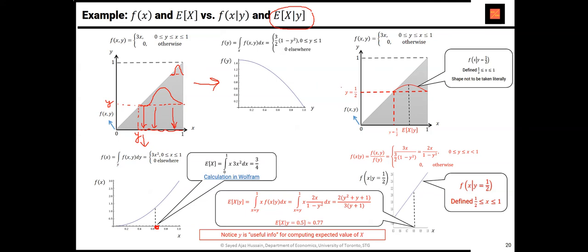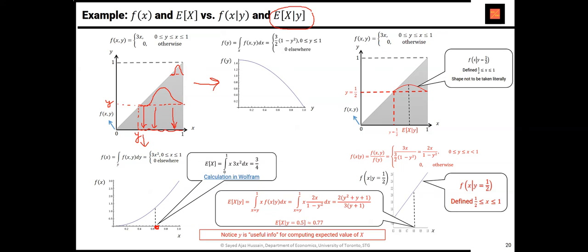So imagine, and I did this on purpose, that someone tells you that they saw an outcome x and y, but the value of y was half. So whatever the value of x is, it has to lie somewhere on that line. And if I were to collapse its density, it would actually have some shape. The shape that you see up here is not to be taken literally, I'm just imagining it.